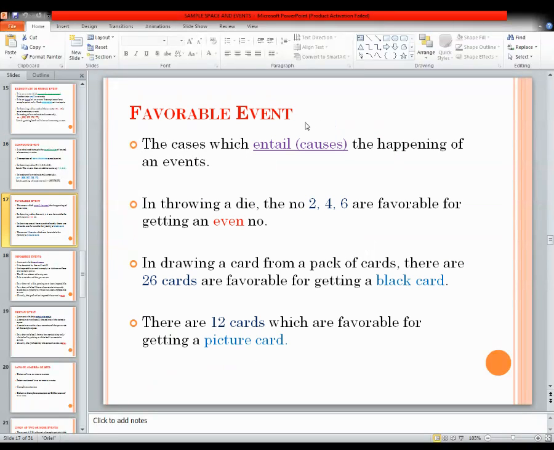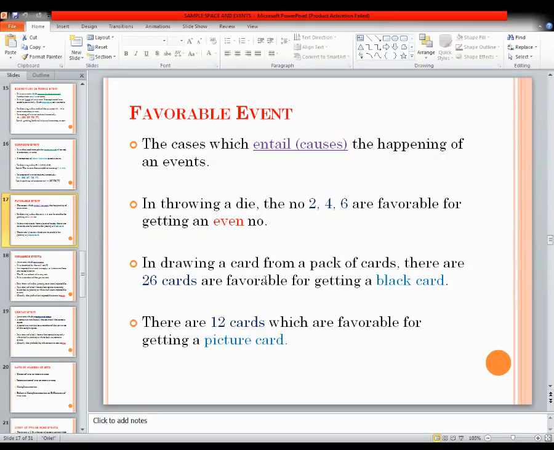Now, favorable event. Friends, you know what is meant by favorable events. Favorable events are the events which entail the happening of an event. These are the favorable cases, those cases which are in favor of a particular event. If you throw a die, for an even number 2, 4, 6 are favorable. For an odd number 1, 3, 5 are favorable.